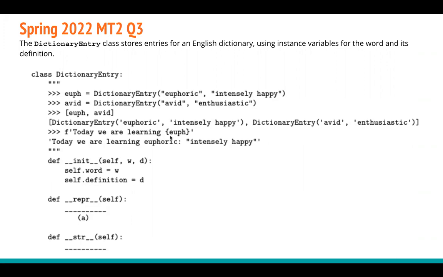So in this case, it is important to read through the doctest and be able to pick out whether we're referring to the repr method or the str method. Whenever we're just returning an object itself, for example, youth, then we would want to refer to the repr method. While whenever we're working with F strings or the print method, then we're going to be looking at the str method of the object.